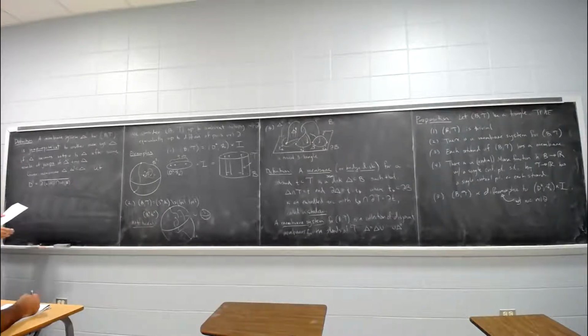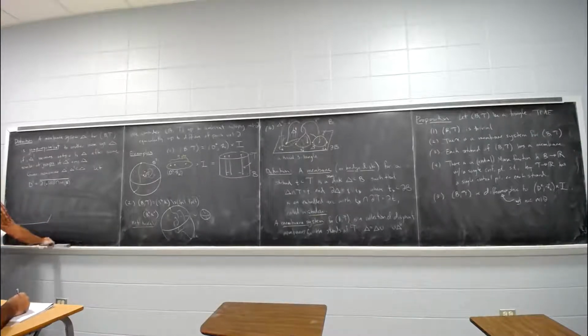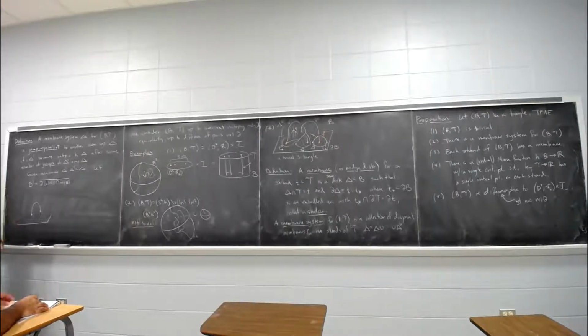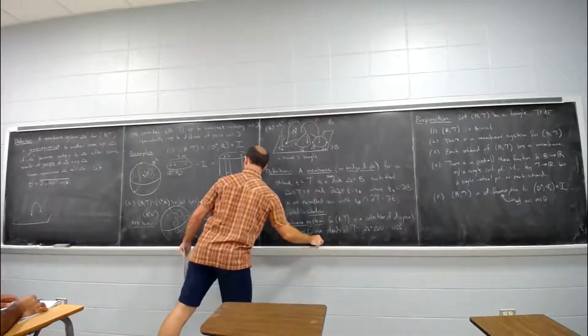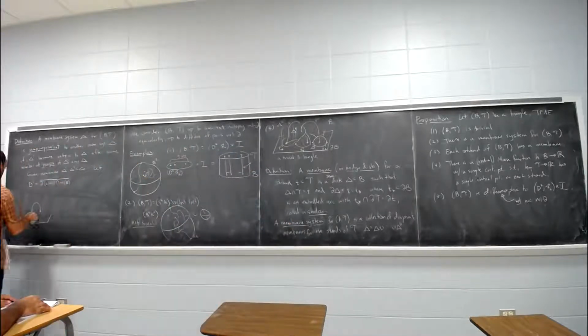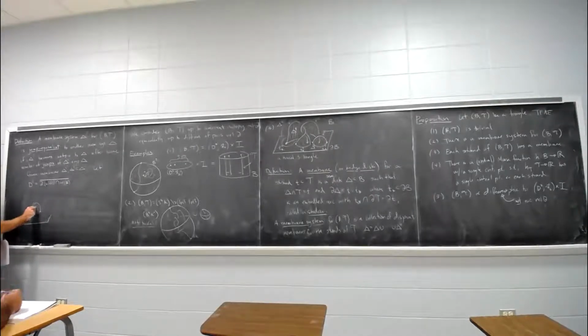I'll draw a picture to make sense of this. Maybe I'll start drawing that picture now. I have this membrane delta J. That's way too small.